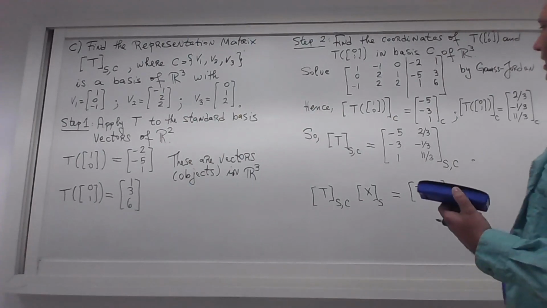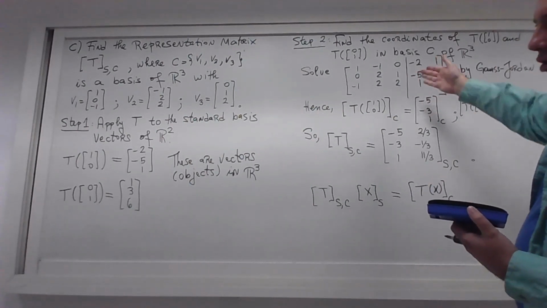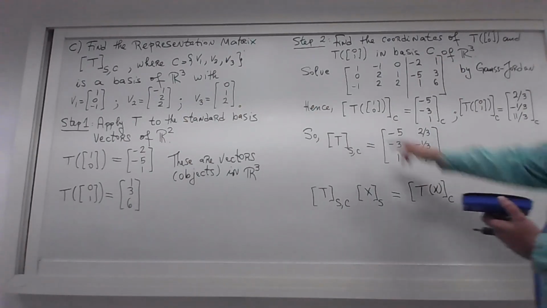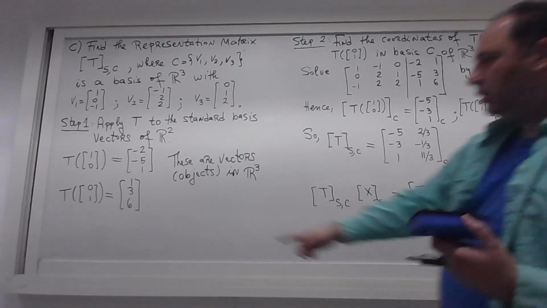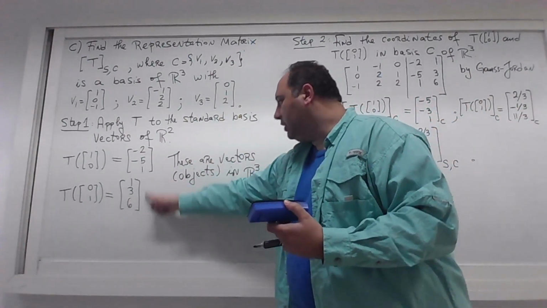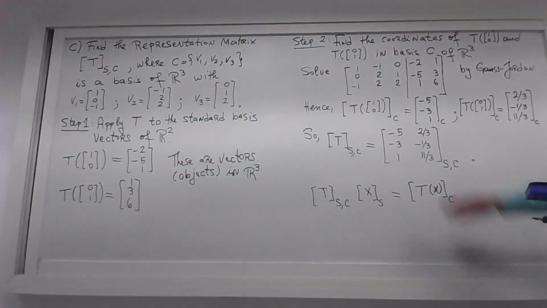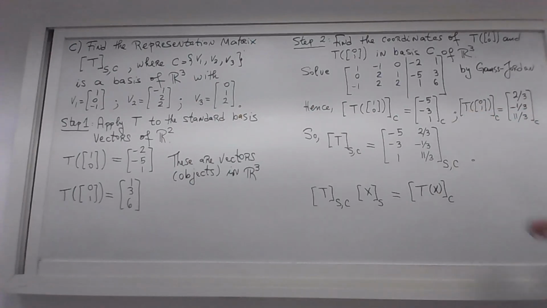Once you finish solving, by the way, there's always a solution, you will get the coordinates of the first vector in basis C and the coordinates of the second vector in basis C. Coordinates of the first are here, and coordinates of the second are here.